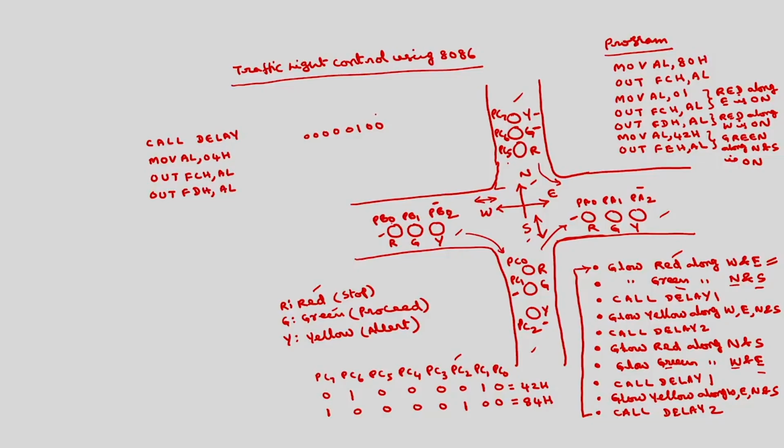If I output onto port A, PA2 will be on, and PB2 will be on if I output onto port B. So, these 3 instructions will glow the yellow along the north and south directions.